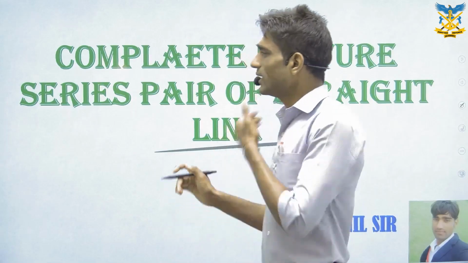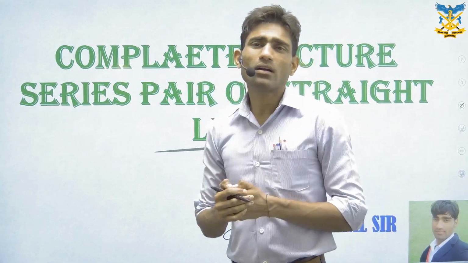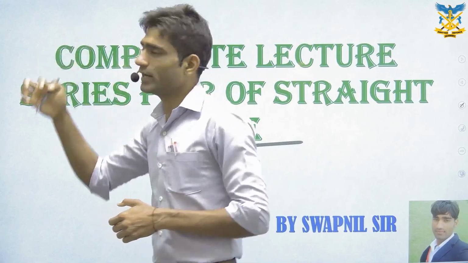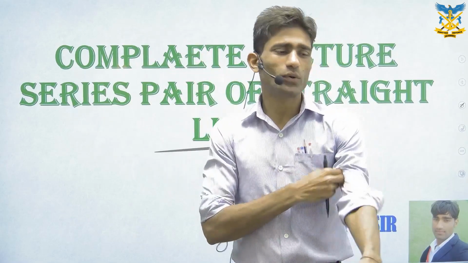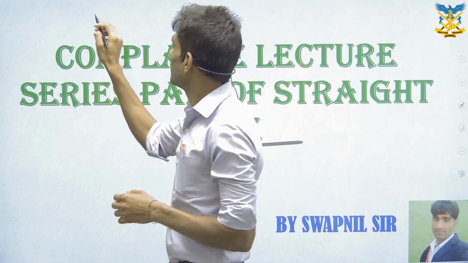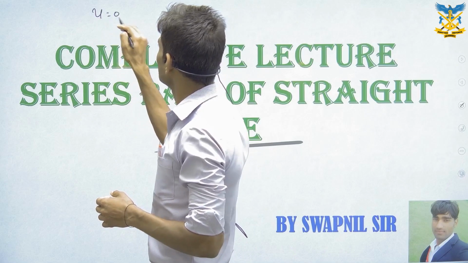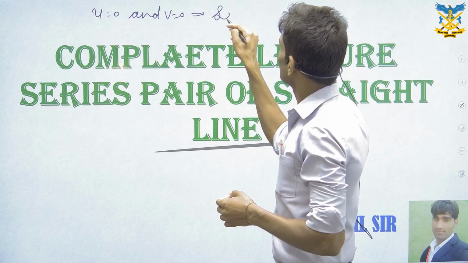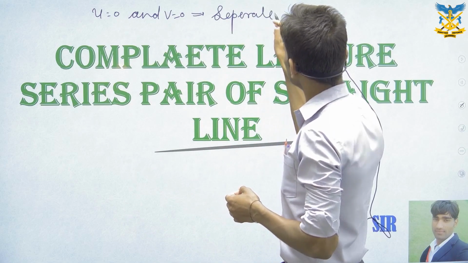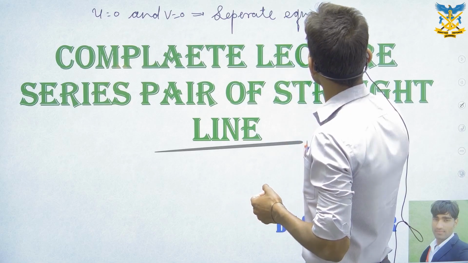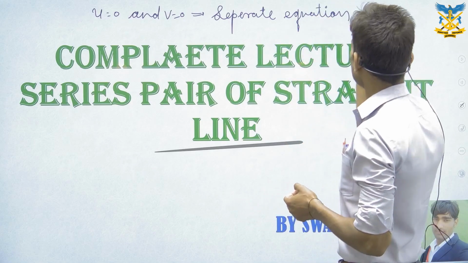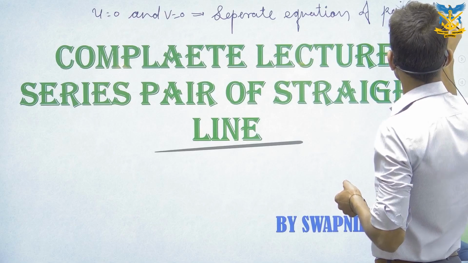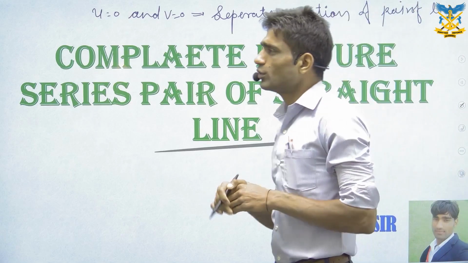So we know the joint equation and the separate equation. When we have two different equations, consider u equal to 0 and v equal to 0; both are separate equations of a pair of lines.